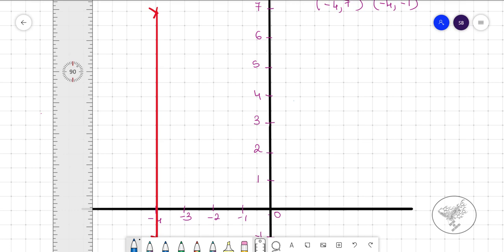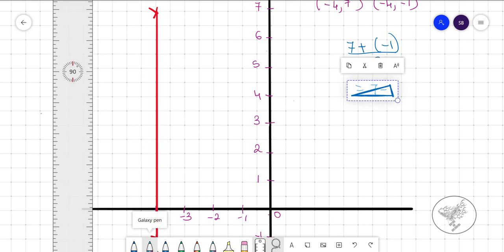So in order to find the horizontal line, let me take the center point. I only need the y coordinates. So 7 plus -1 over 2, which is 6 over 2.